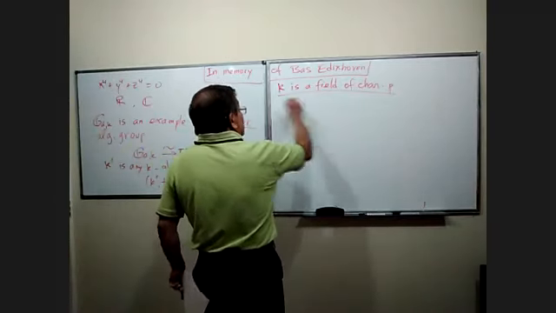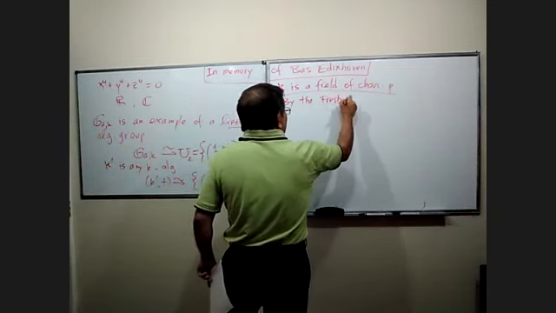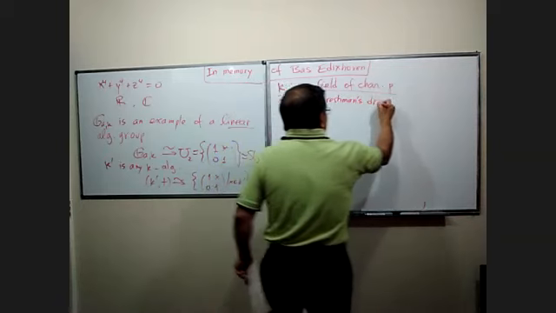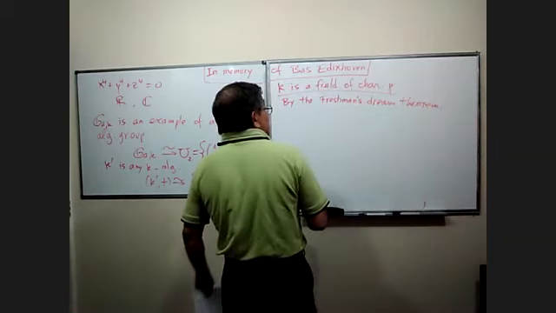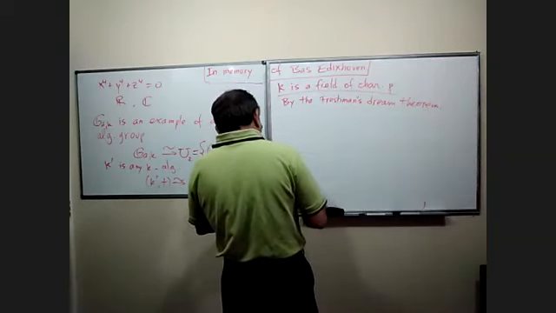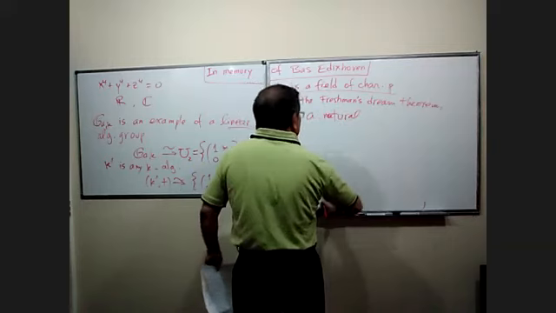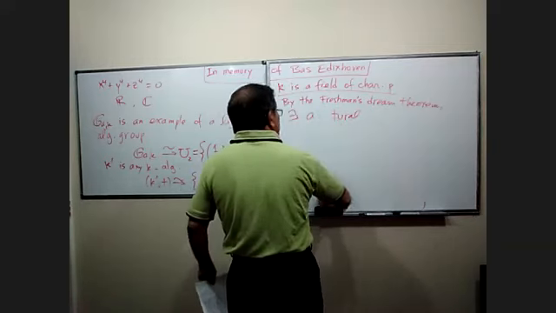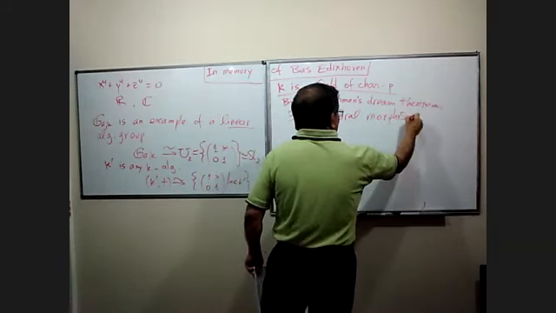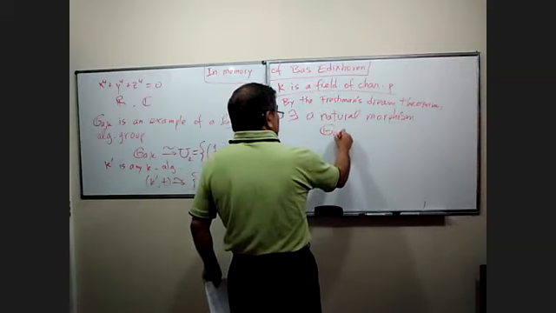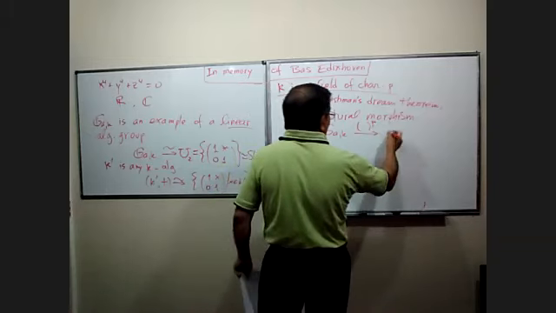Then by the freshman's dream theorem, there exists a natural morphism, which is just raising elements to the p power.